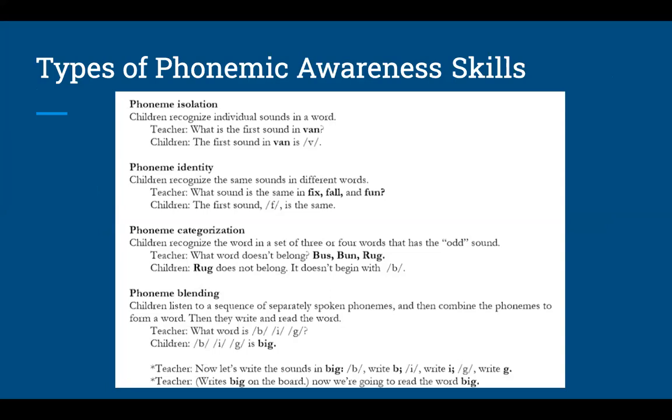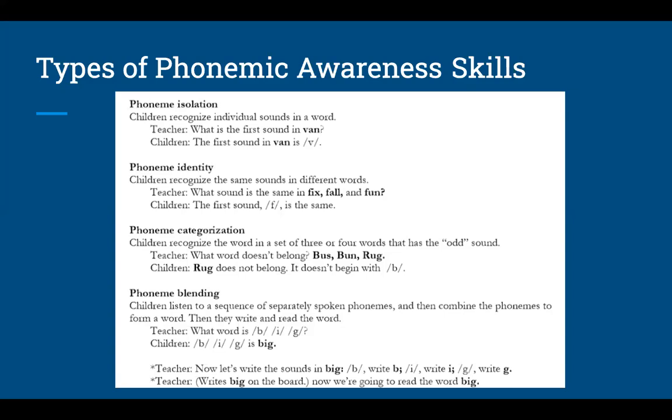Under phonological awareness, there is no connection to the written language, so we're not saying that van starts with a V, we're saying van starts with a v sound. And then phoneme identity is what sound is the same in fix, fall, and fun. So even though we're looking at more than one word, which is bigger than just a phoneme, we're talking about that initial sound. So it is under phonemic awareness tasks.